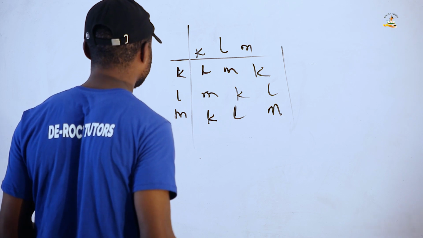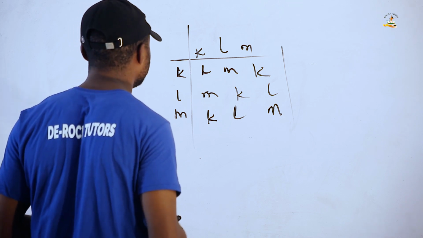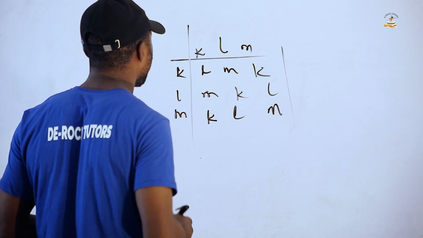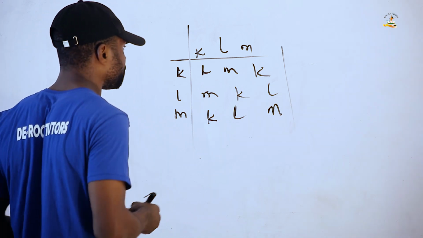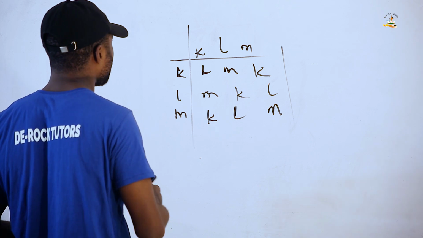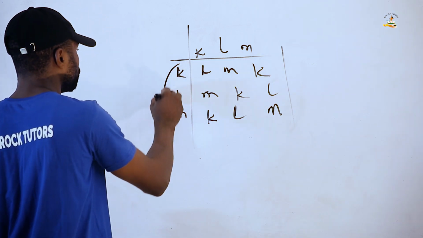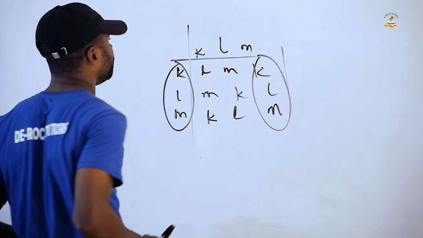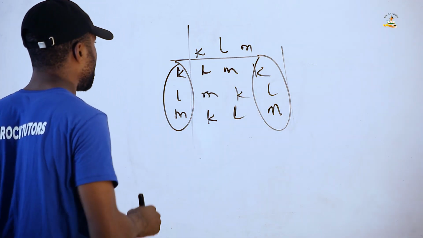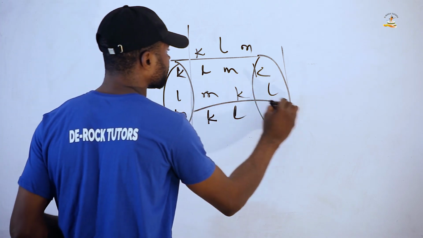If you just want to get the identity, look for a column that falls under a certain number or alphabet, as the case may be, where you have the replica of this column. And if you trace it very well, it's on M. And if you look at it here, it is also the same thing.